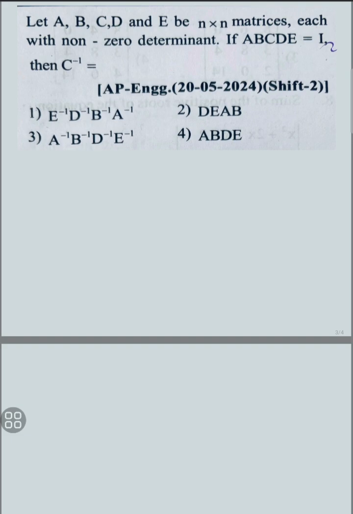So according to the options, we can go that way. First, one condition is given: ABCDE equals I, the identity matrix.